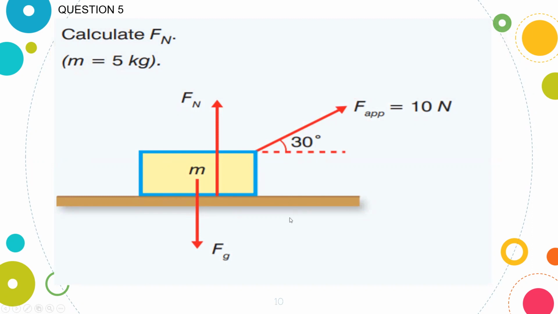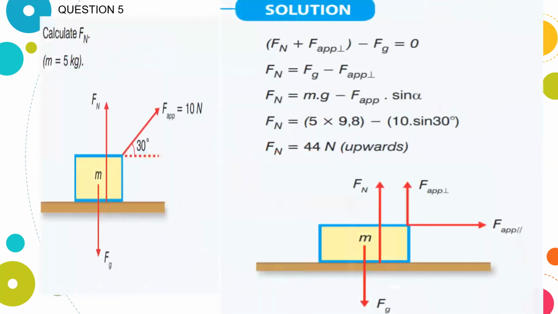Now mass is 5 kgs. What's our normal force? Let's see. People, first of all, we should calculate components of applied force. How can we calculate component of applied force?